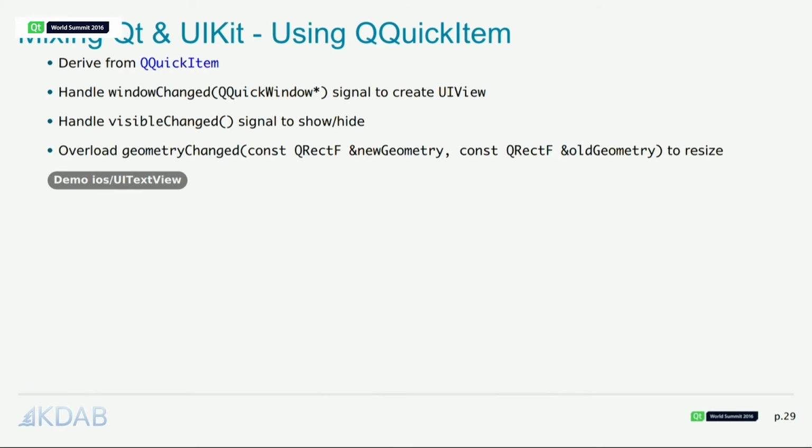The idea is that you get the item's position on the screen, create a native view, and place it at that position on the screen. Then that native view will be rendered above the QML scene.